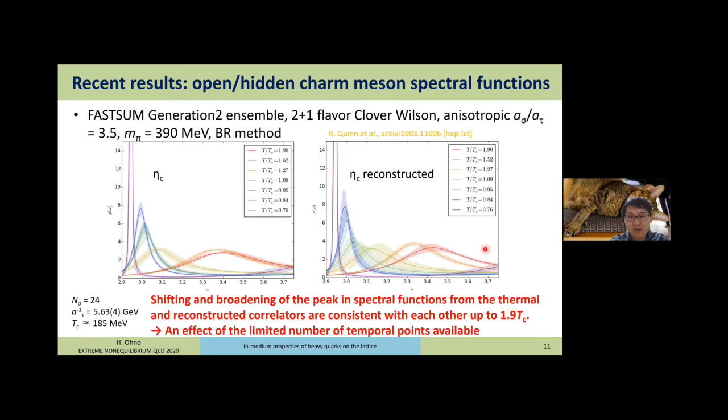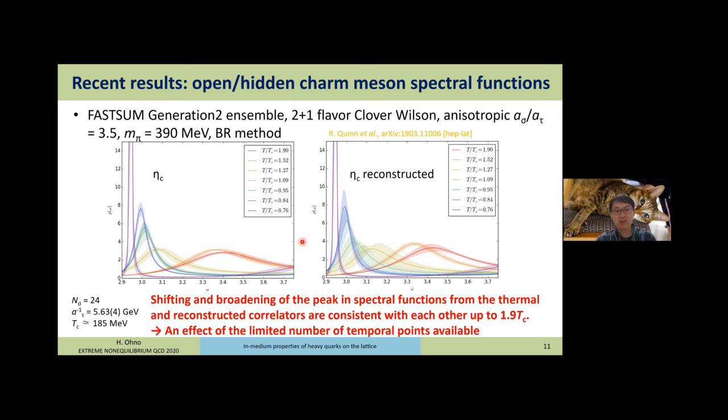One can check this because they change the temperature by changing the lattice temporal extent, so different temperatures have different numbers of data points. So one can check the dependence on the number of data points by comparing these two results.